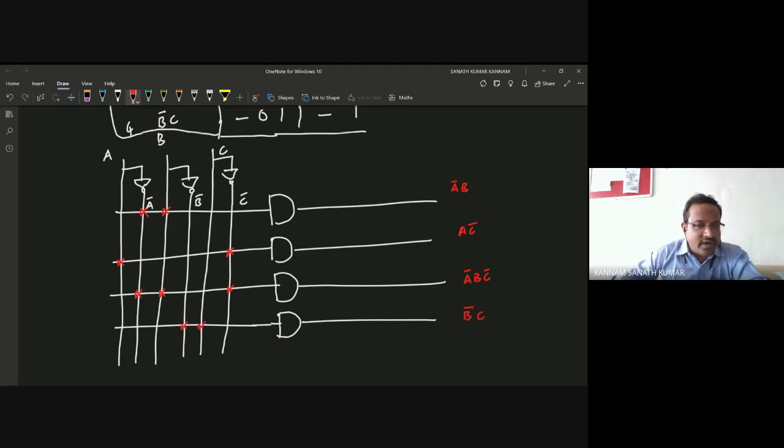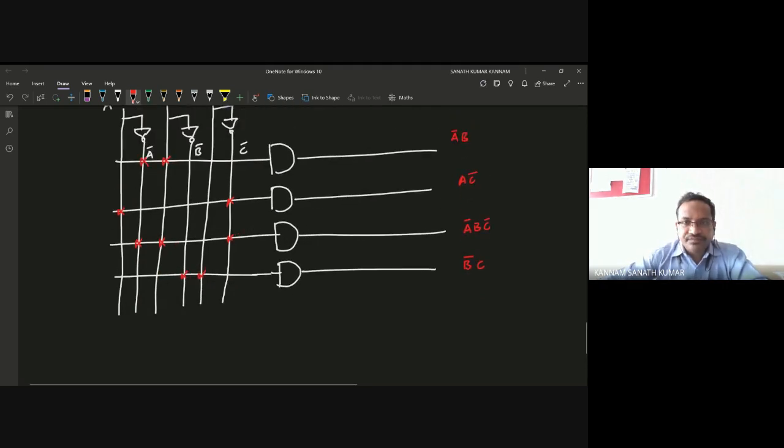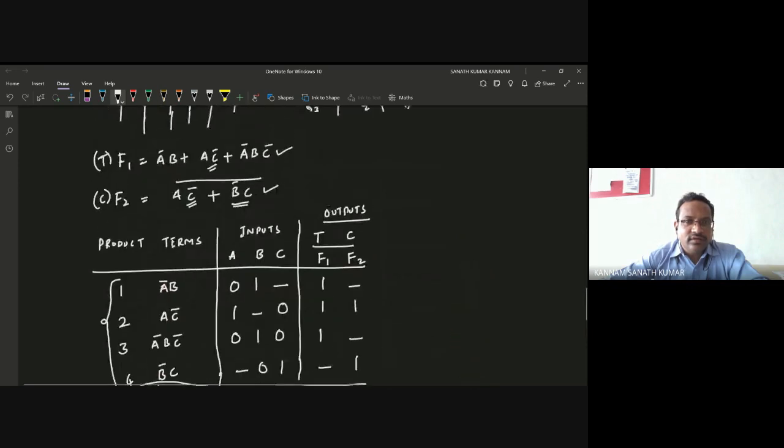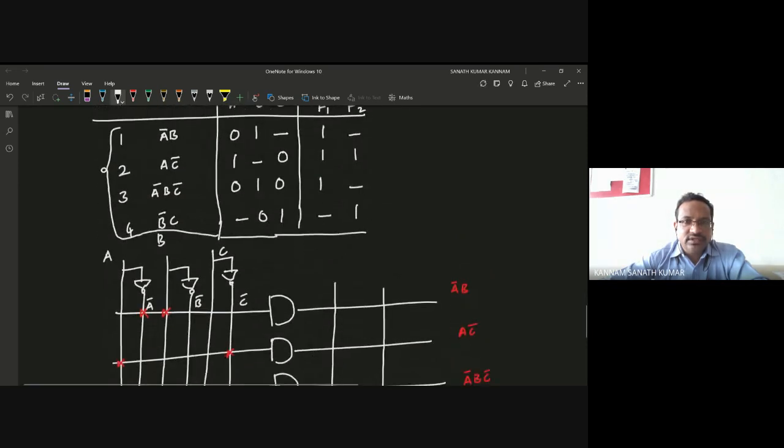And next, what you need to do? You have to draw the OR functions. There are two functions: one is the true function and the next one is the complemented function. You need to draw them with an OR array. This OR array is also programmable. So what is the first function? If you see the first function, the first three product terms are one.